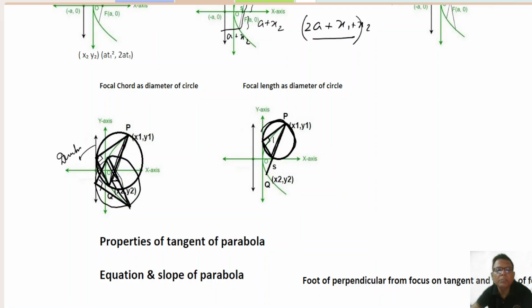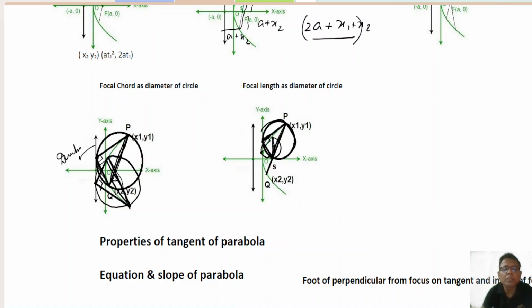Suppose you take another focal chord, this one, and considering it as diameter, you draw the circle. Again this circle will touch the y-axis. So the y-axis is the locus of these points.